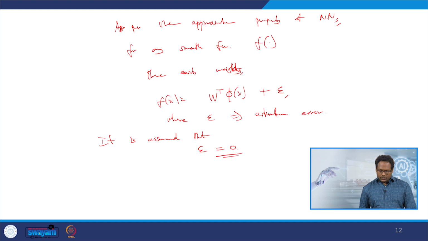Now, this assumption will hold for comparatively less complex nonlinear functions.